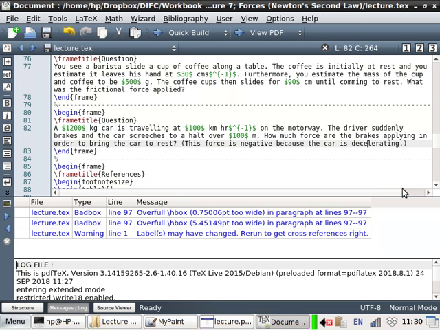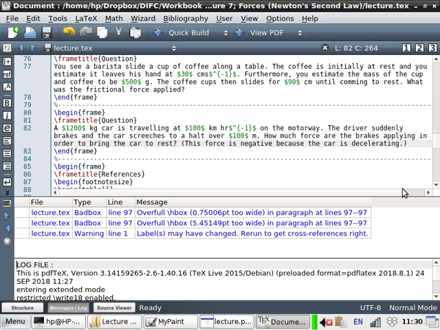So this is like my last example with the coffee cup, okay? The car is going 100 kilometers an hour, and then it suddenly stops in 100 meters. So there was a lot of force to make it stop. So I want to know how much is this force.